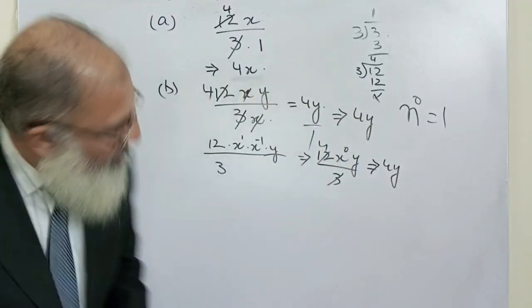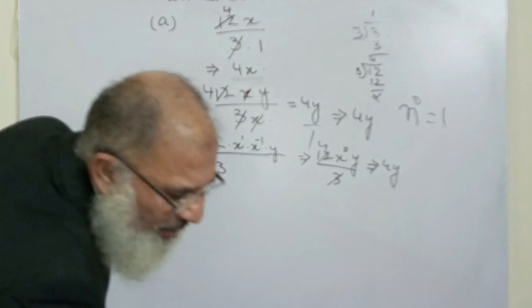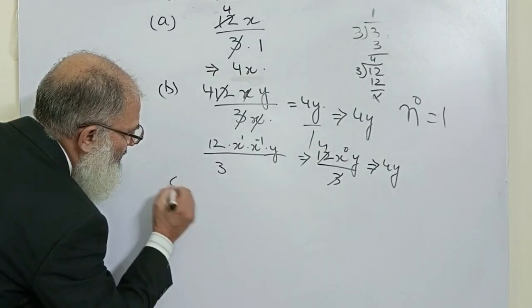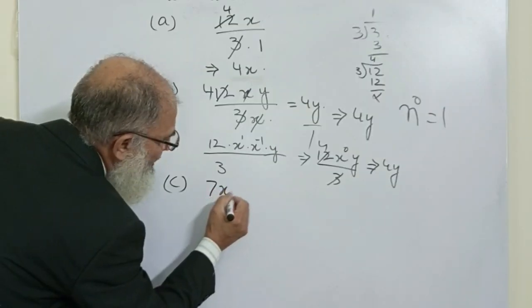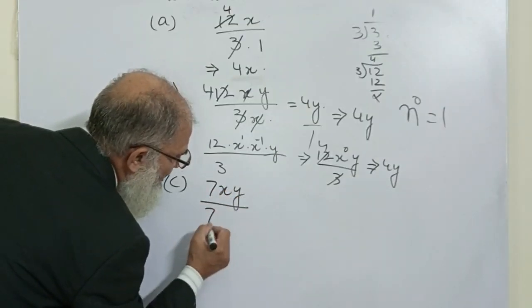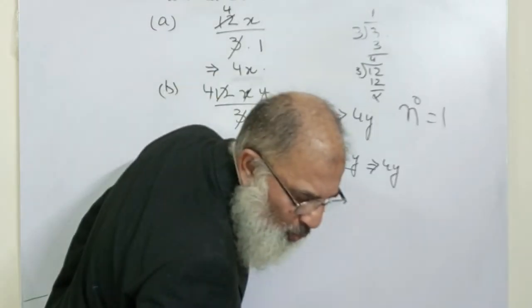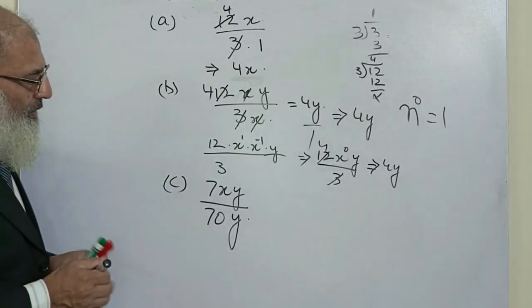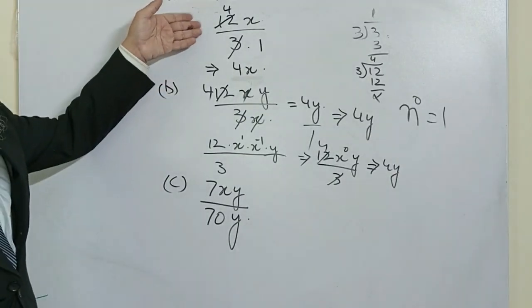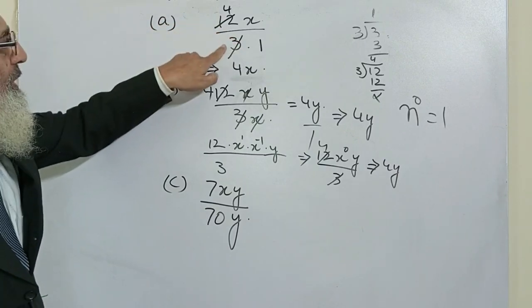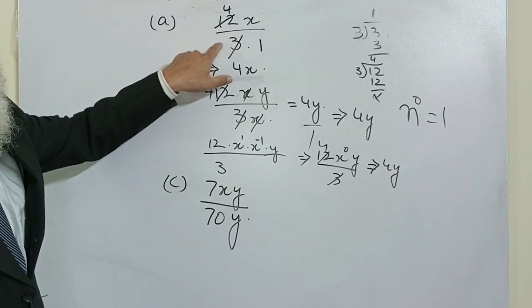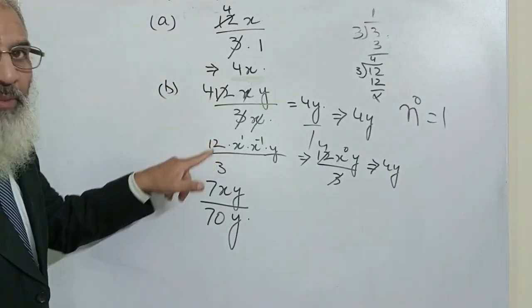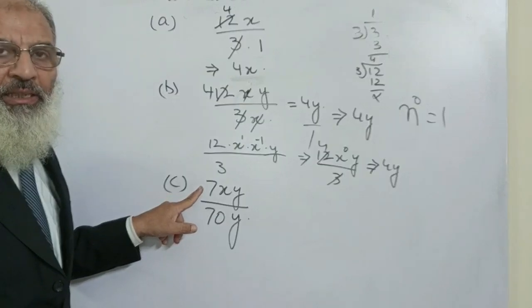7xy divided by 70y. Now, as I told you, we'll find the smaller number, which here is in the numerator.